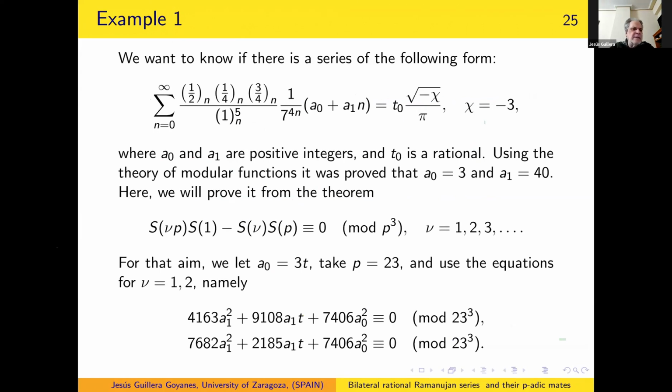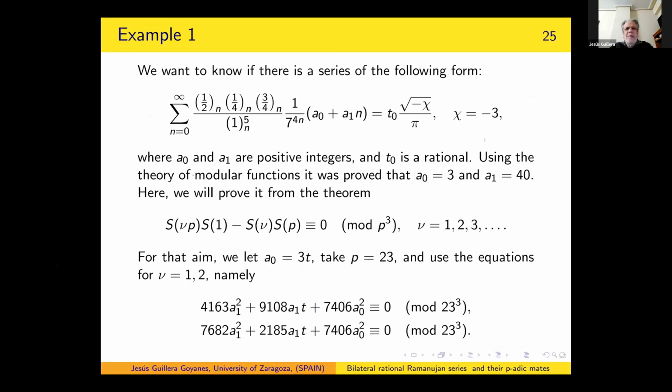In this example, we know that a sub 0 is 3 and a sub 1 is 40, using the theory of modular forms. But here we will prove it from the theorem, from the supercongruences.